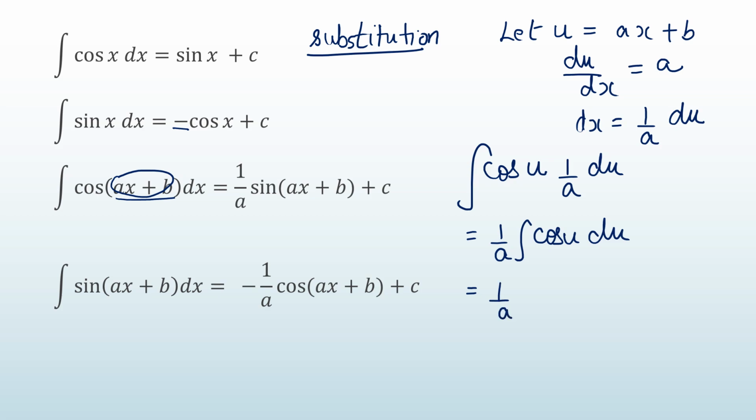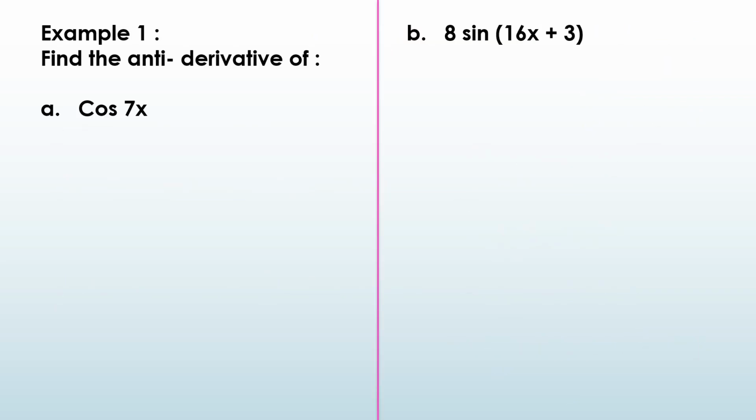So 1 over a sine u plus c, which is 1 over a sine ax plus b plus the constant of integration. So that's the proof of that rule. Very similarly, you can replace the ax plus b with u here, and then you end up with a negative 1 over a.